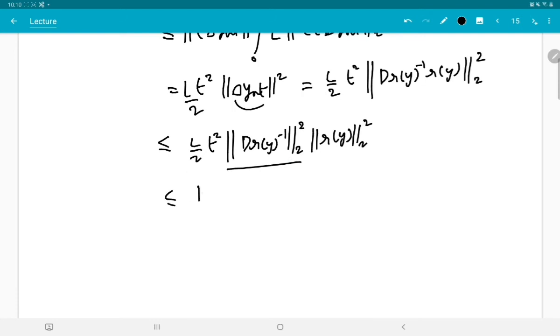So this is k square L by 2 t square. This is a bound on E, the norm of E.